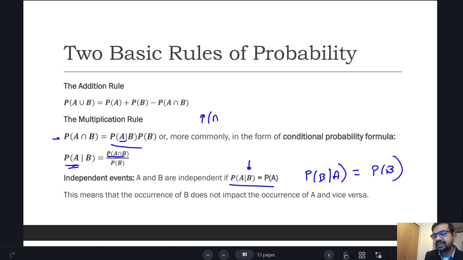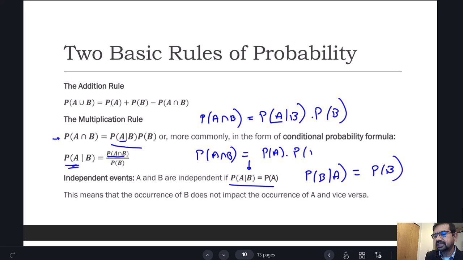So if P of A intersection B is given as P of A conditional on B times P of B, if A and B are independent, then we can say that P of A intersection B is, because now this is same as just P of A, probability of A times the probability of B. Again, this is the independence law. It is derived from the multiplication rule. So these two rules, the addition and multiplication rule, are really important in calculating probability of various events.